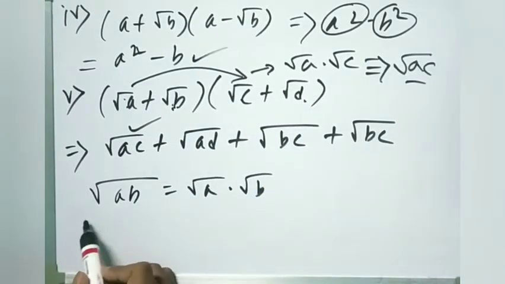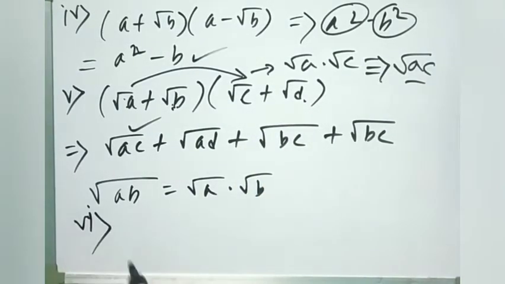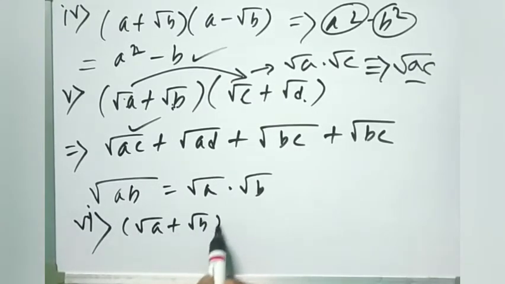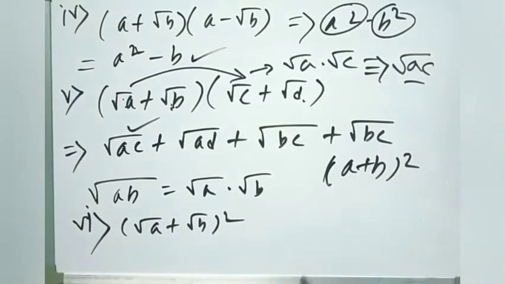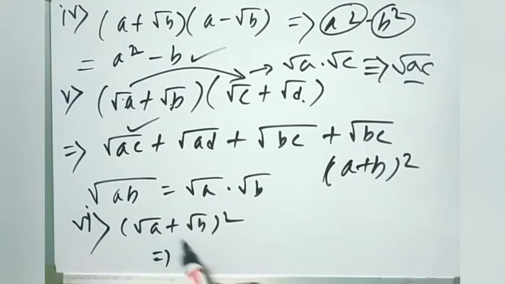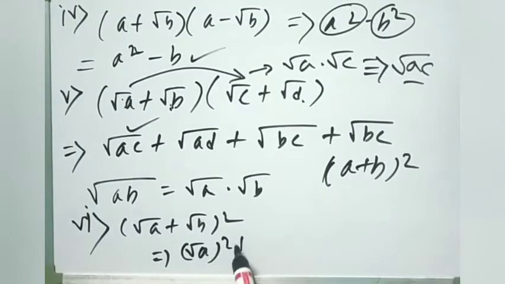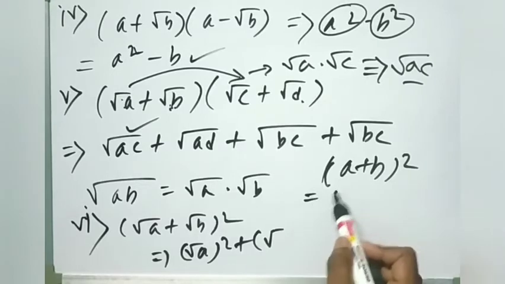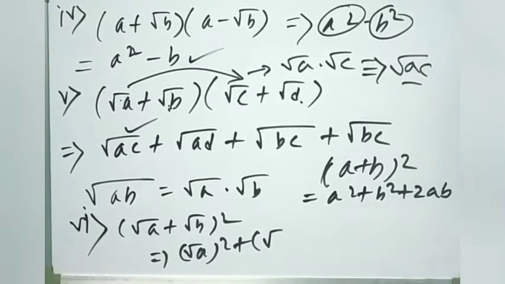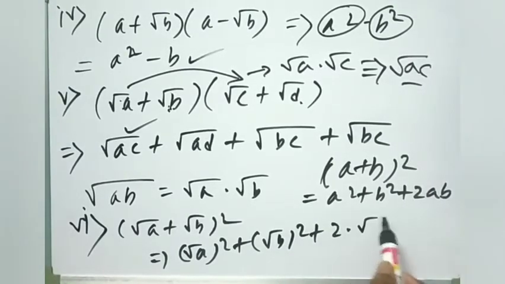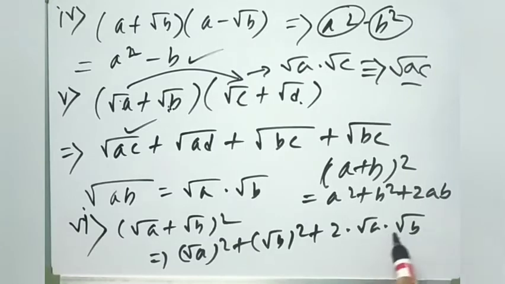And the last but not the least, root a plus root b whole square. So simple, just apply the formula of a plus b whole square. So what will be root a square plus, we are just applying this formula, a square plus b square plus 2ab. So we will get root b square plus 2 into root a into root b.